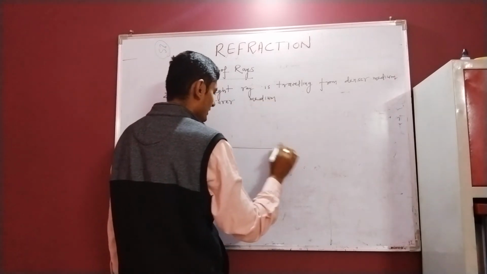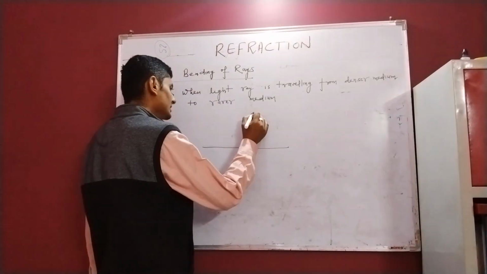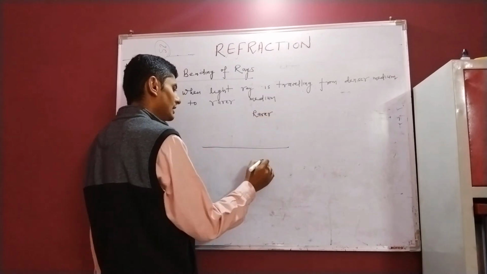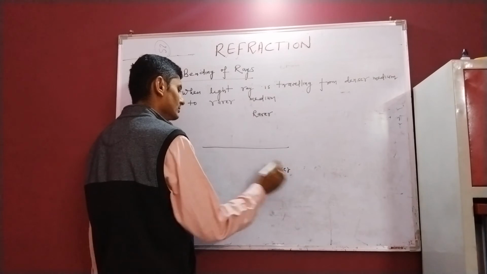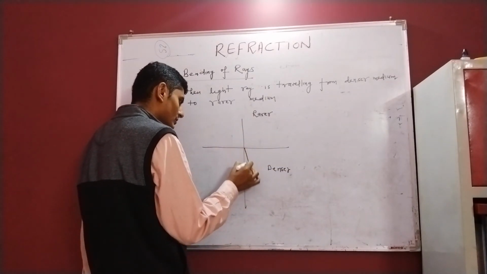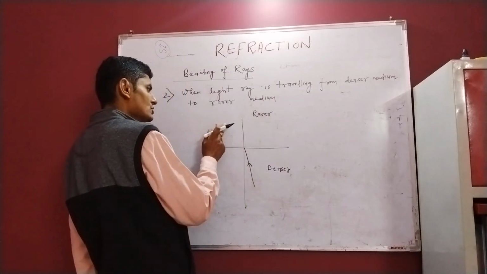Again, this is an interface separating two mediums. This is the rarer medium and this one is the denser medium. Now I am sending light from the denser into the rarer medium.